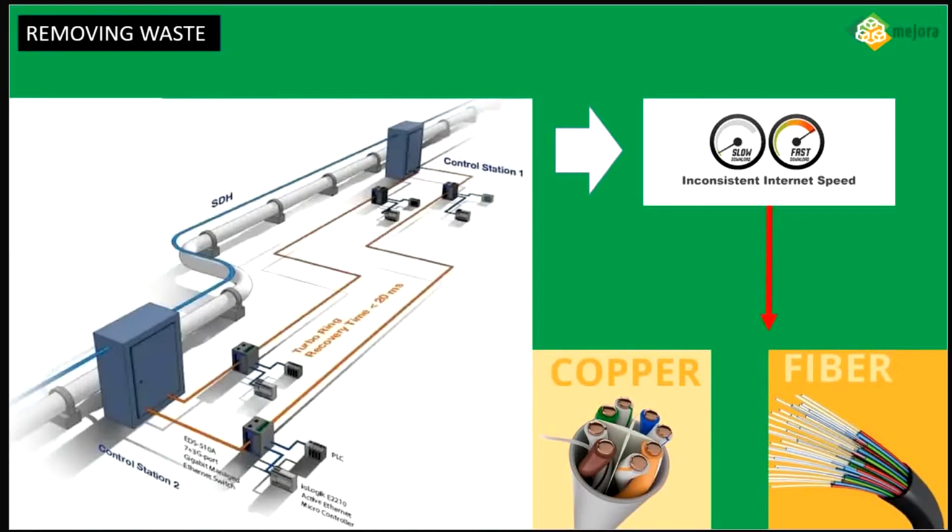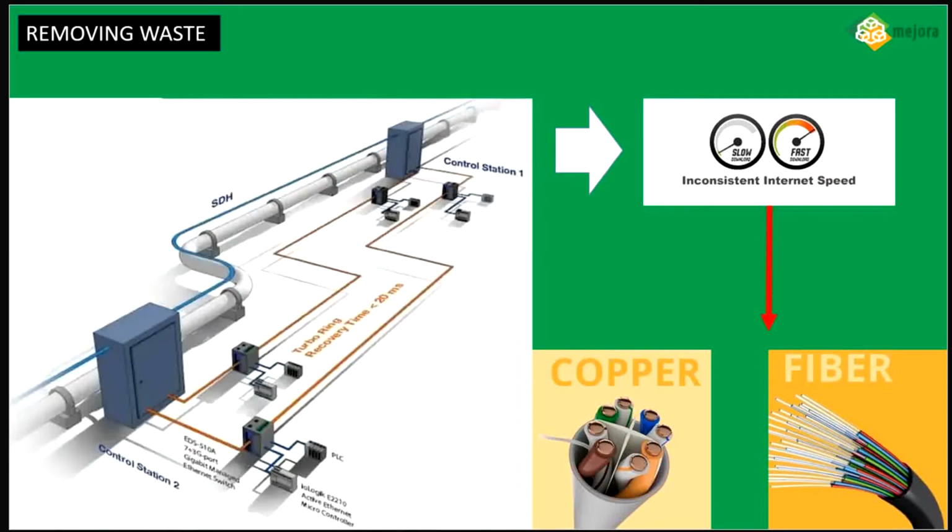Now the next one is removing waste. Fundamentally, if you know the fiber optic network, or if you are a customer, then you know that there is something called a copper connection and something called a fiber connection, right? With copper the variation is very high and the speed is also quite low compared to fiber optic.